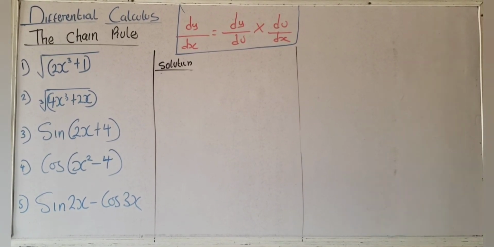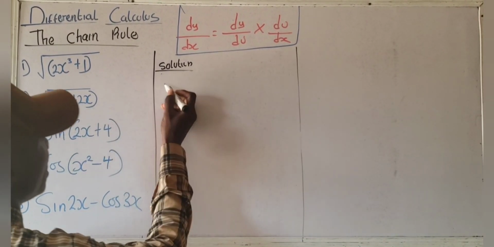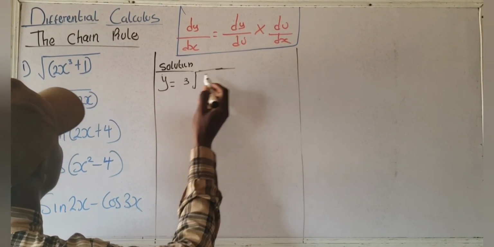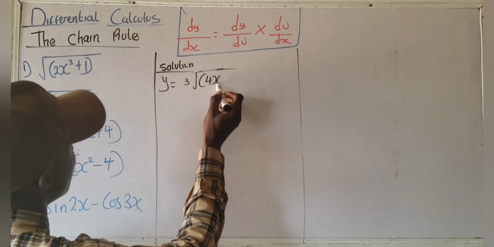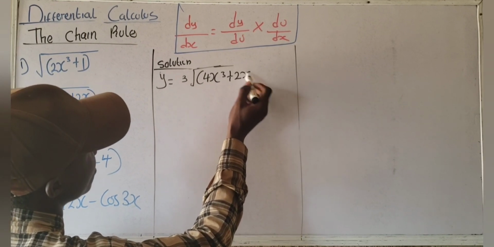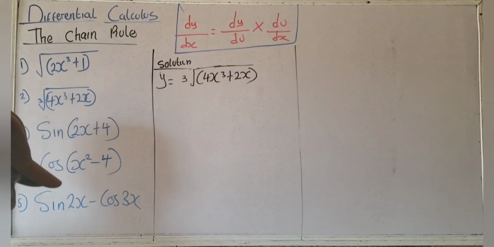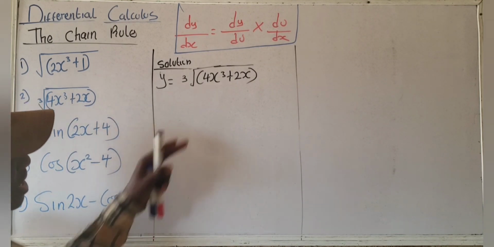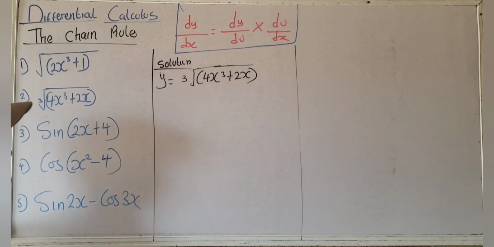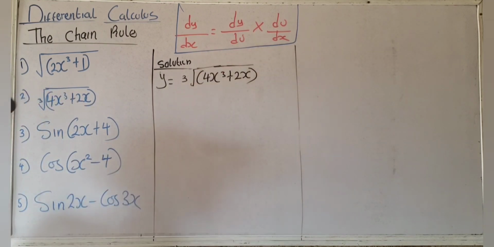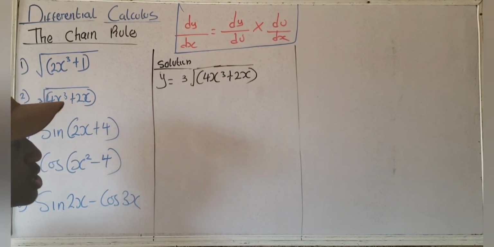Okay? To solve the second question as well, let y equals the cube root of 4x raised to the power of 3 plus 2x. Now, the next step is that you have to set the inner function to u. You can use any letter, but because the letter in my formula is u, I'm going to make use of u.